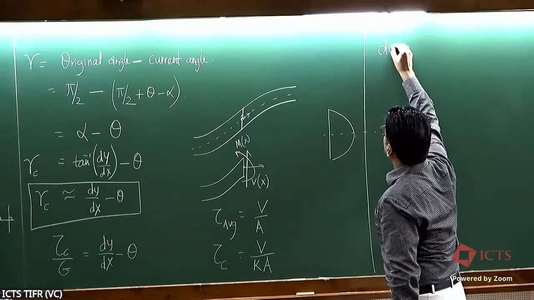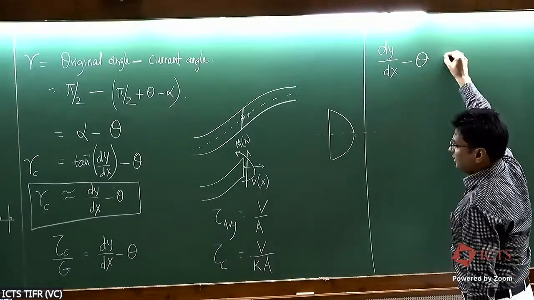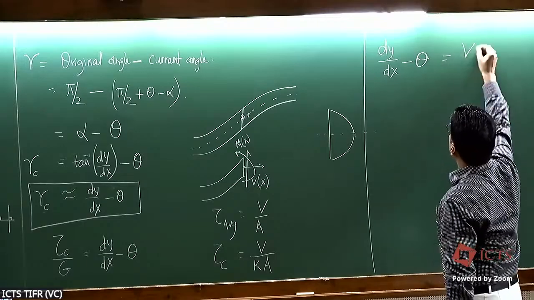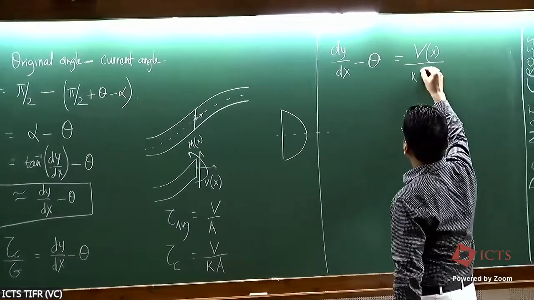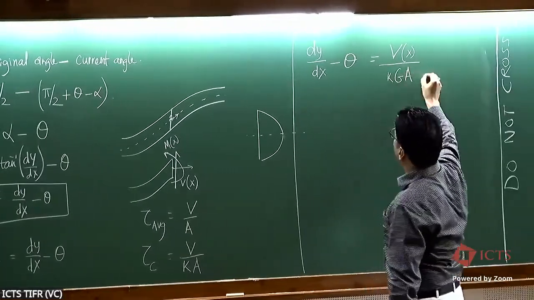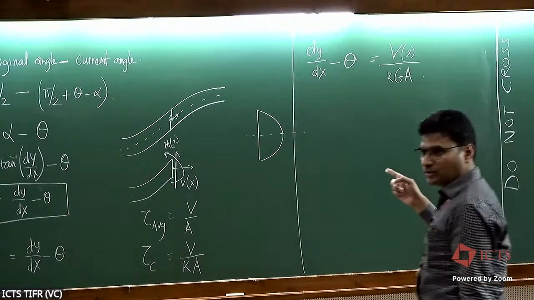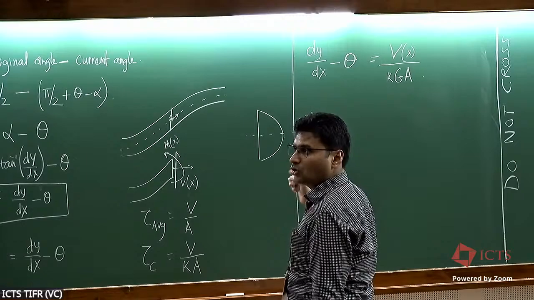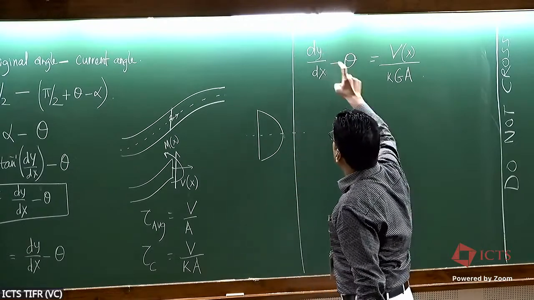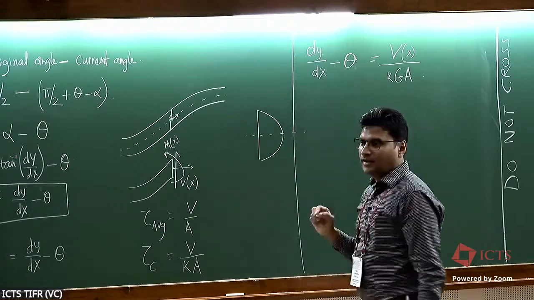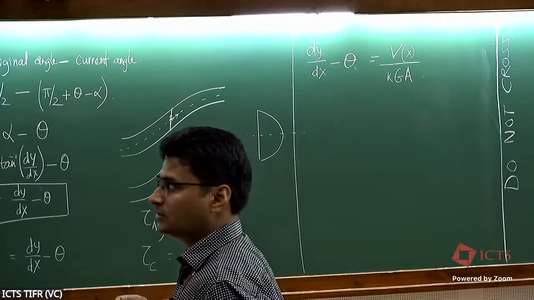And then you get dy by dx minus theta is equal to V of x over the correction factor K G A. So this is one of the equations of the Timoshenko beam theory, which has your unknown y and also the unknown theta. You, of course, need one more equation because there are two unknowns, so you need two equations.